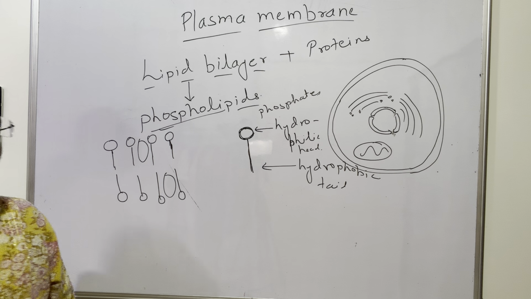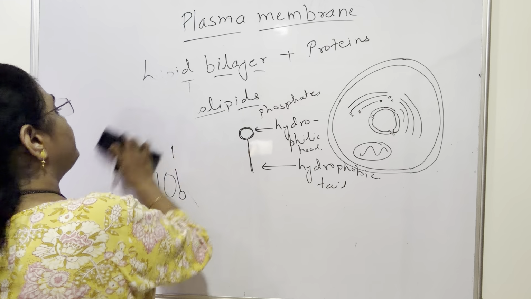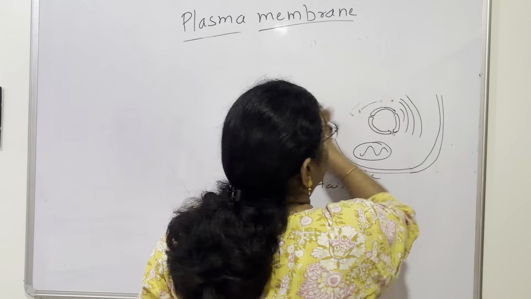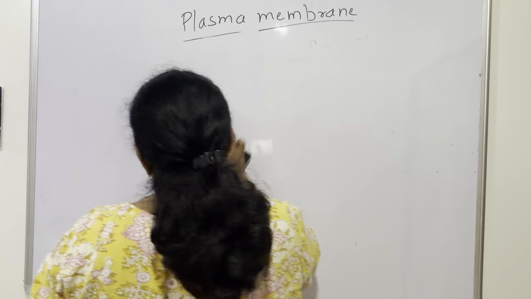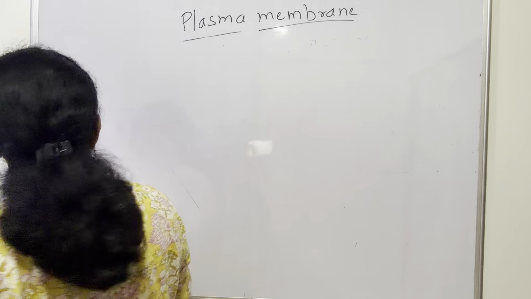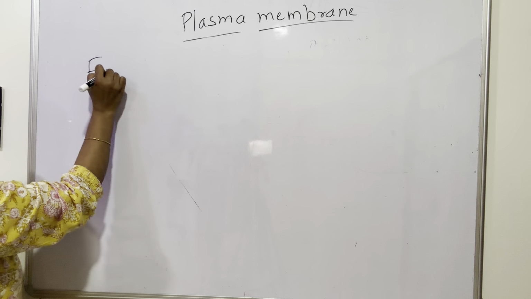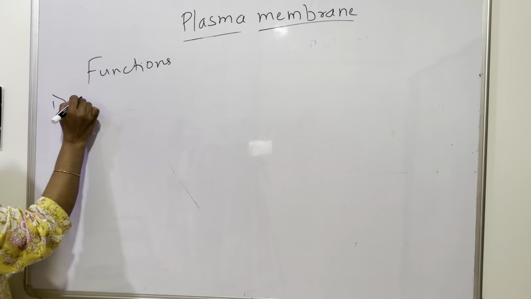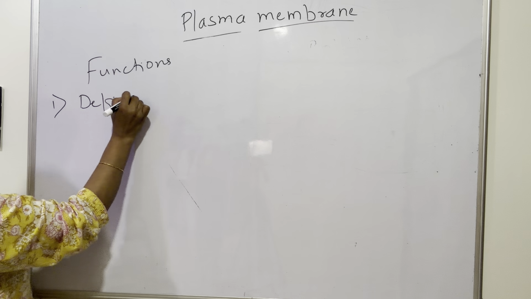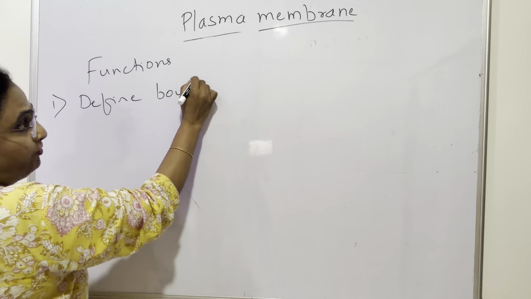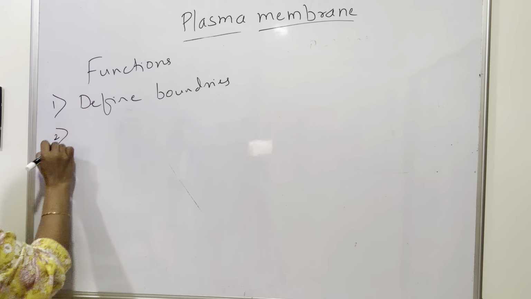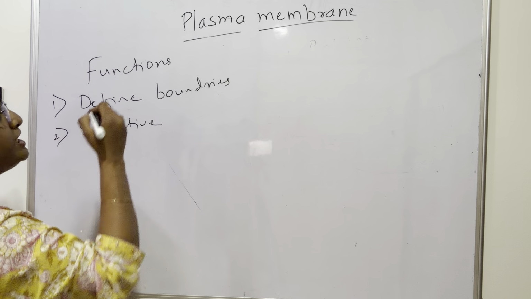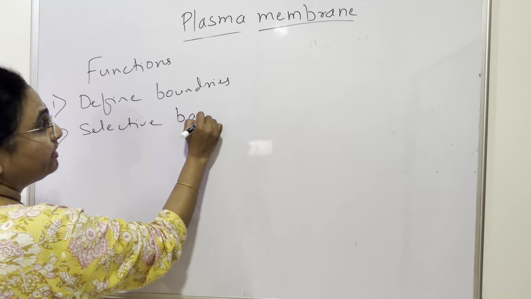Now, the next one is the functions of the plasma membrane. What are the different types of functions of the plasma membrane? First of all, it defines the boundaries. Second, it works as a selective barrier.